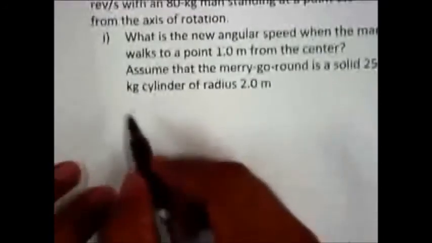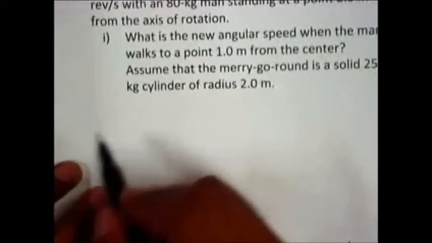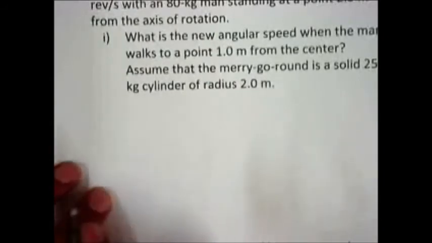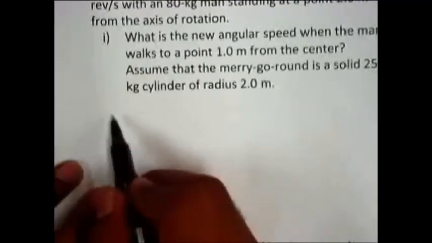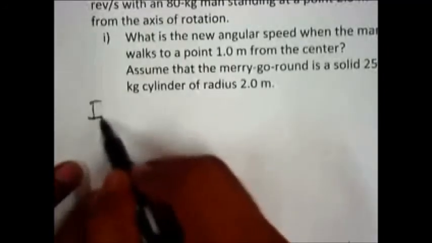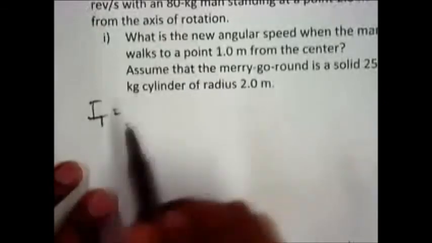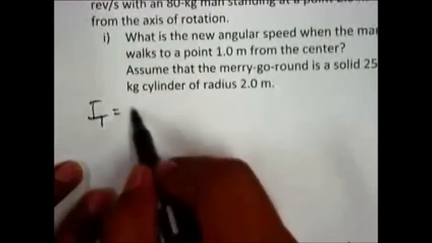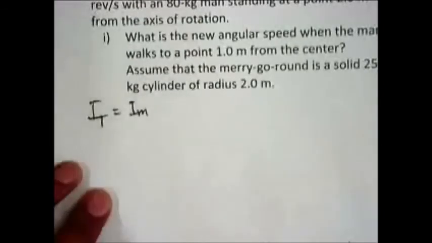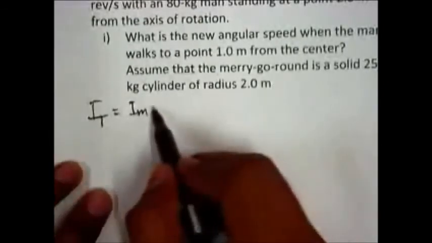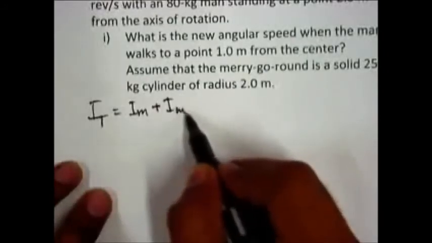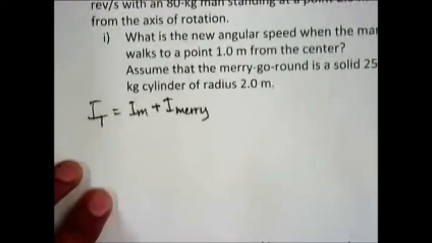In the first part, because the merry-go-round is going in a rotational motion, that moment of inertia will be for the merry-go-round. Note that the total inertia is equal to the sum of individual inertias. What that means is that the inertia of the man from the center of the merry-go-round plus the moment of inertia of the merry-go-round itself is equal to the total moment of inertia.